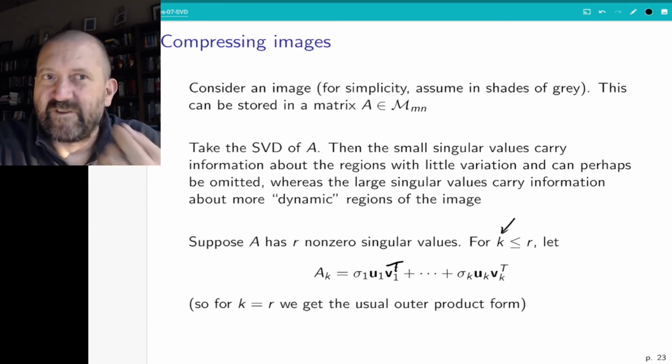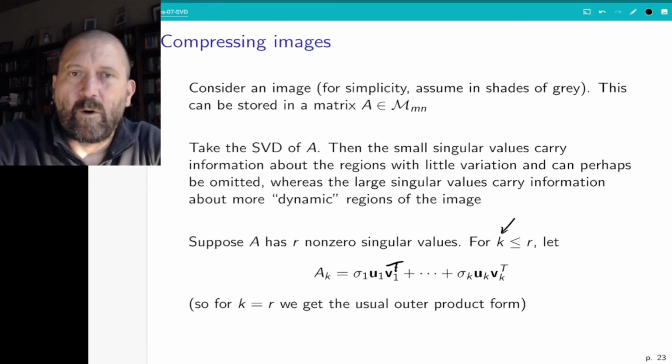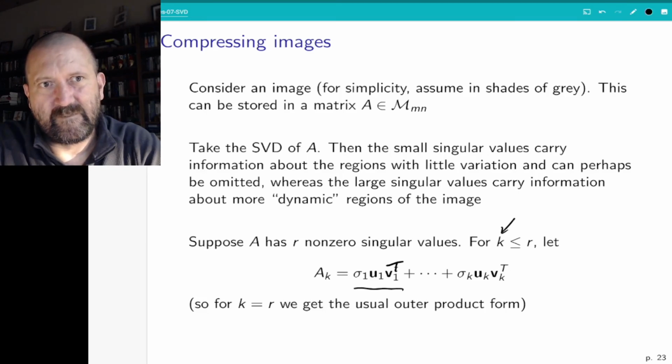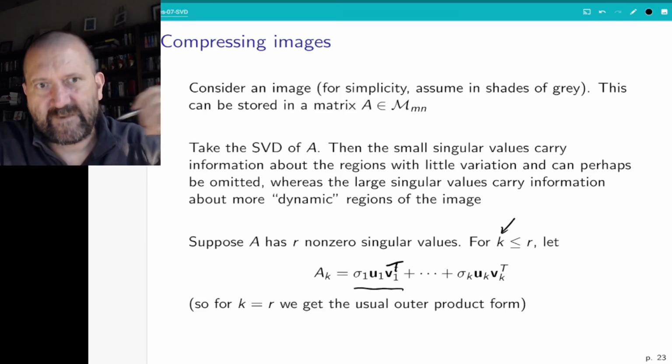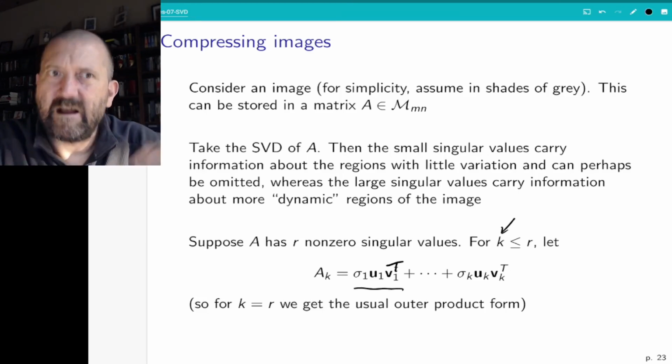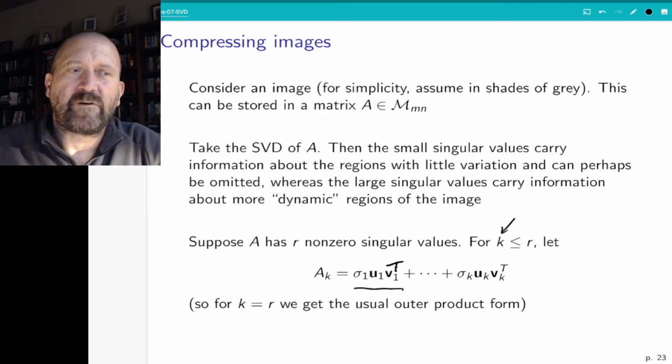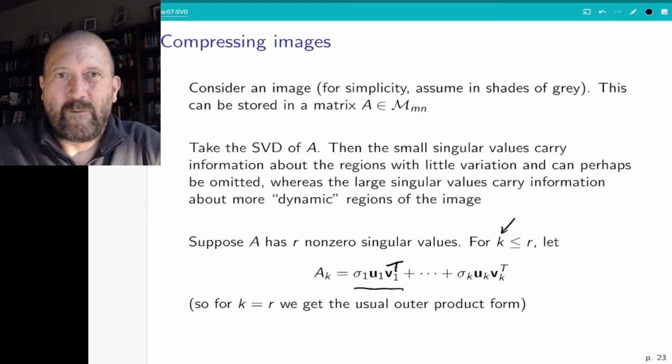For example, if I take k equals 1, I'm only considering the first singular value. If I take k equals r, I have the entire outer product form. And that's what we are going to use to play with images.